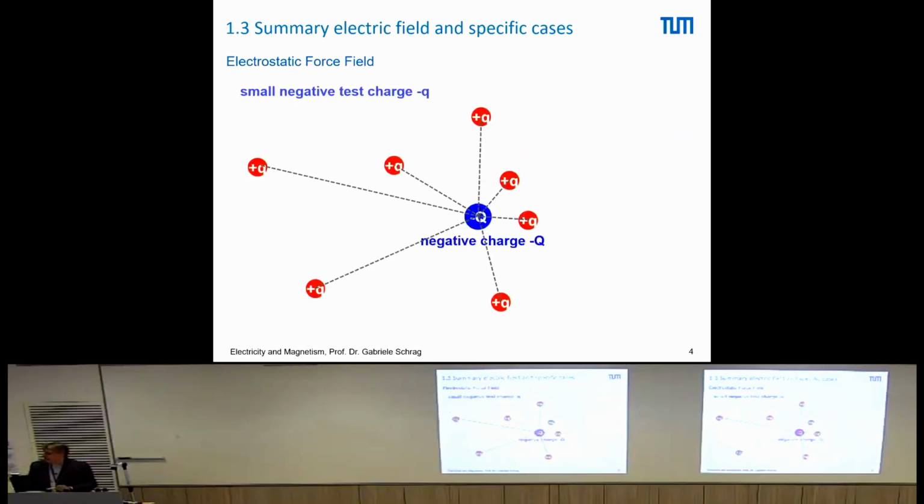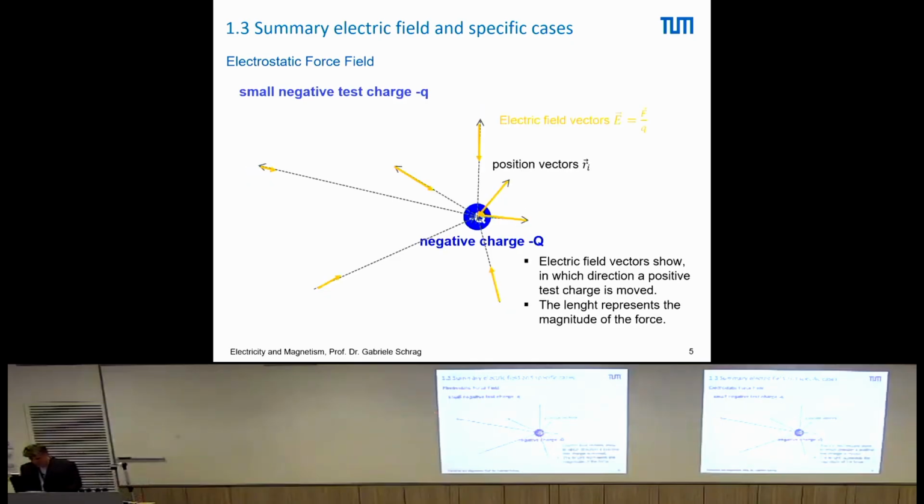Now, I think I had to correct that, because what is negative here is not the test charge. I have to fix that on the slide. But now you have two opposing types of charges, and now they attract each other. So you see the force vector is pulling into the center, and as the charge moves away, you get an increasingly smaller vector.